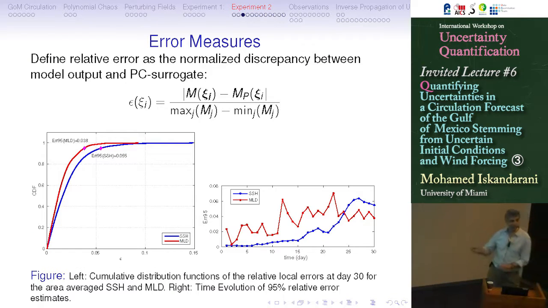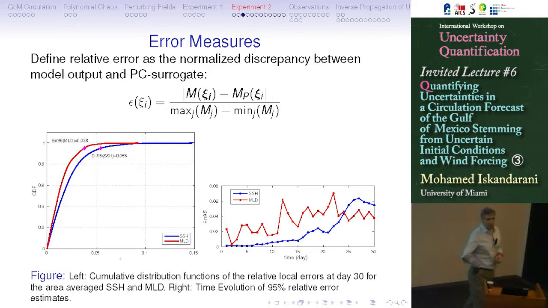So we had an independent set for validation. And we're doing pretty well in this regression type approach, where at day 30, 95% of our errors in the sea surface height are less than 6%, and less than 4% for the mixed layer depth.